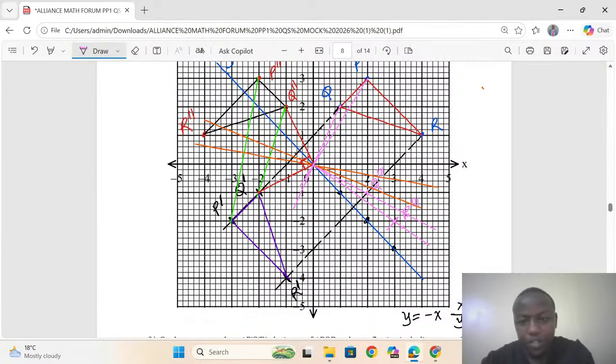Then now I have to look for R triple prime. So I'm joining R to the center.